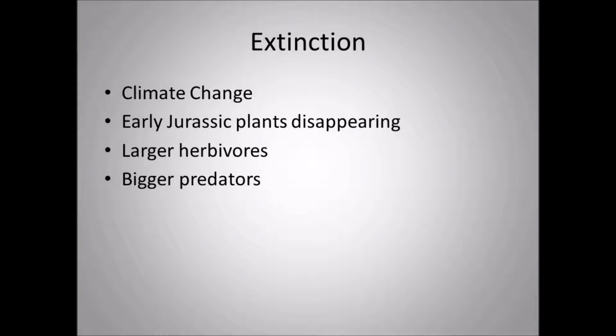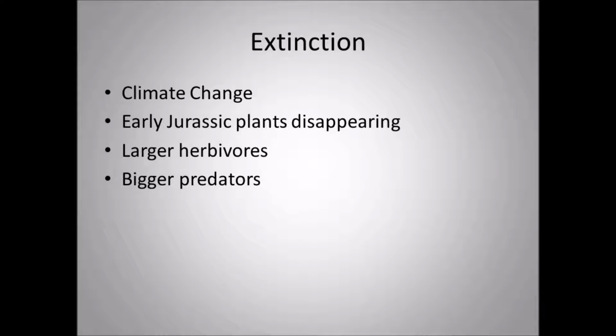The southern continents, which are South America, Africa, Antarctica, Australia, and India, became Gondwanaland. That's where a huge, drastic change took place for these animals that relied on Pangea a little bit more.